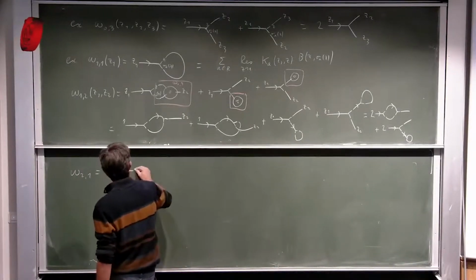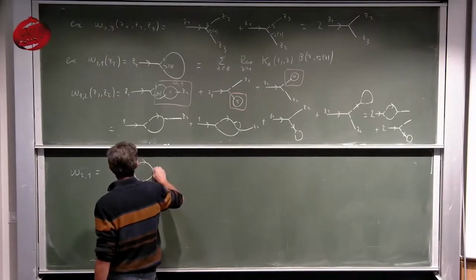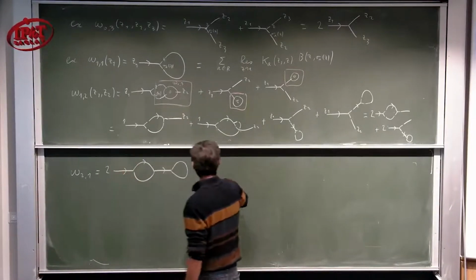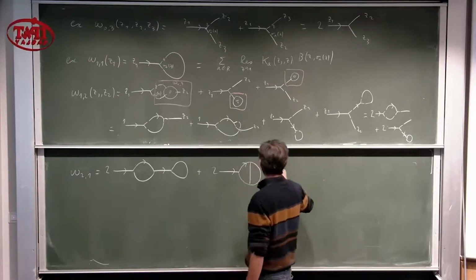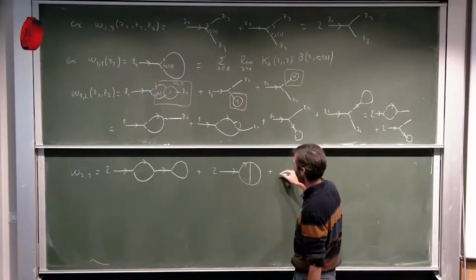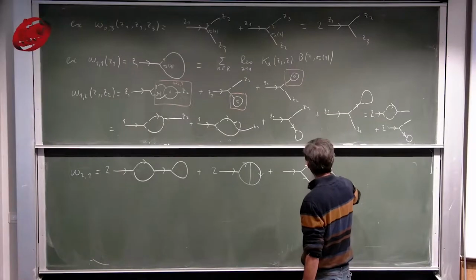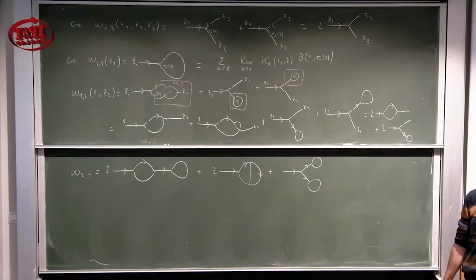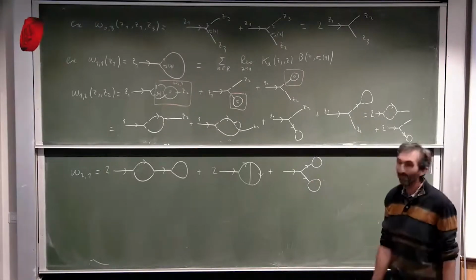So it will be this one will become the factor 2 plus 2 times this one here plus, sorry, plus this one. Okay, so this is just an example which you can easily compute.